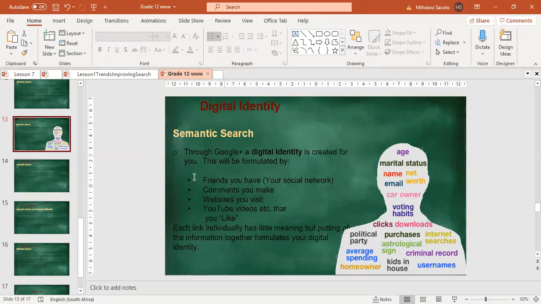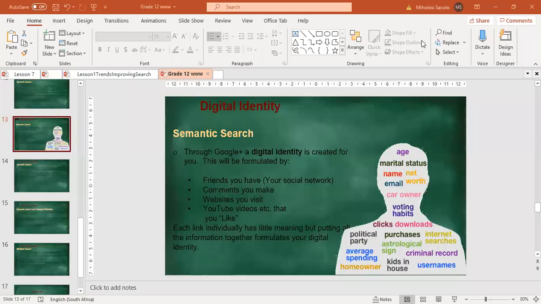Okay, that was still under semantic search. Through Google Plus, a digital identity is created for you. This will be formulated by maybe your friends from your social media.